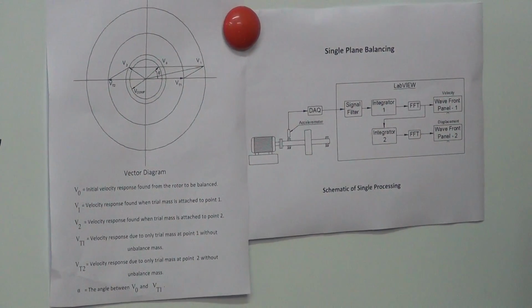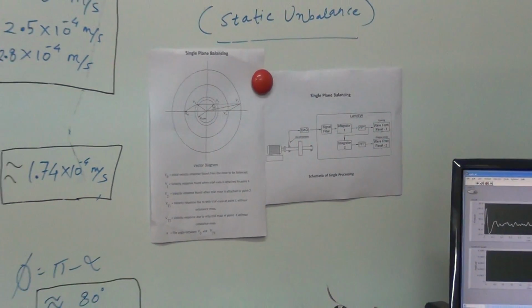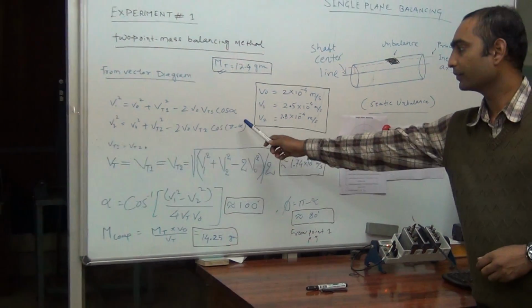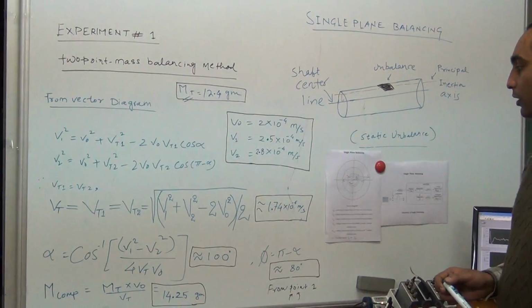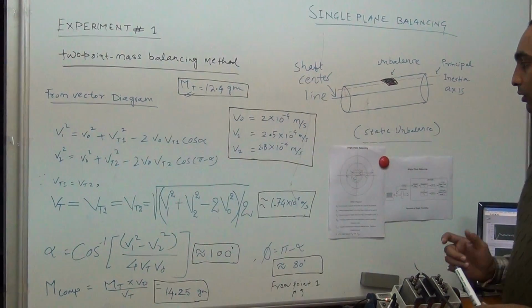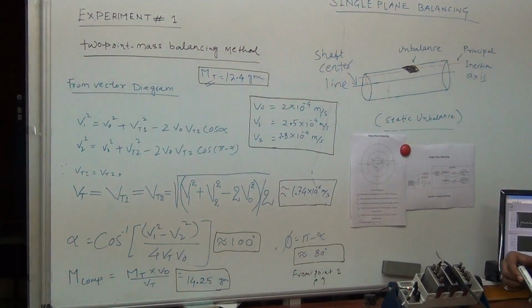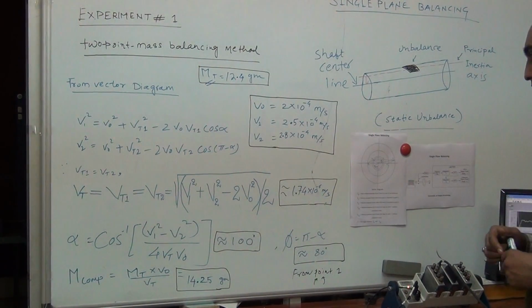Okay, now from this vector plot we can derive some formulation based on the vector laws. So let us come to the formulations. So from here we can calculate the VT1, that is actually the response after adding the trial mass due to the effect without unbalance.